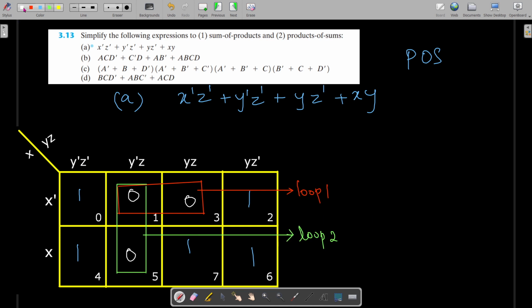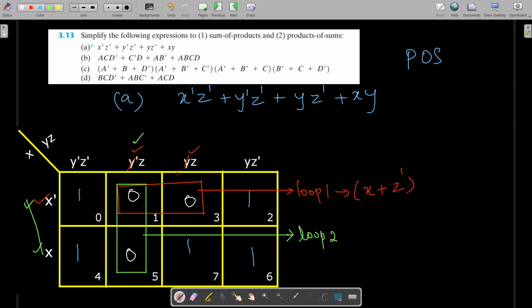So for loop 1 you can write the expression: it covers this and these two columns. So x' can be written as x, and here these two get cancelled, you get the z here, that can be written as z'. Then for loop 2 it covers on this side x' and x, so they get cancelled.